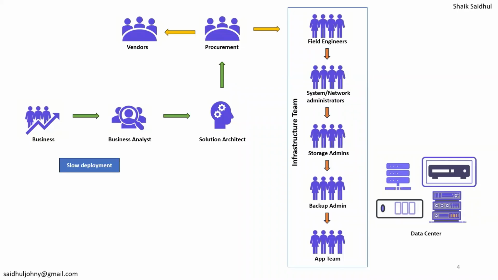That is the reason I call it a slow deployment model, because it takes a lot of time while purchasing the infrastructure, and while multiple people work behind the scenes. Do you guys agree?